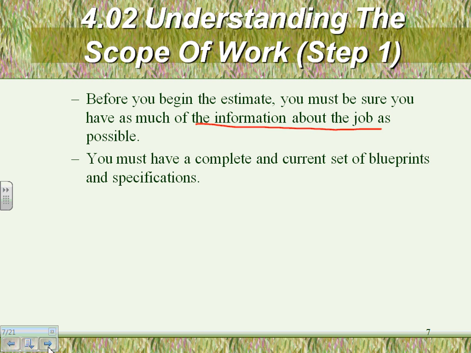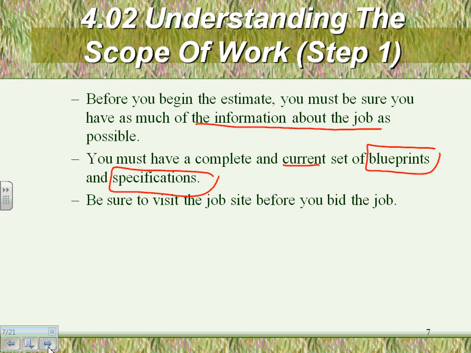Very, very important, guys: you don't want to take off using a blueprint that has been revised. So make sure you have the most current blueprint and specification to work off. Otherwise, you're going to be missing a floor or missing equipment. So these are the items you ask yourself: have I understood the scope of work?